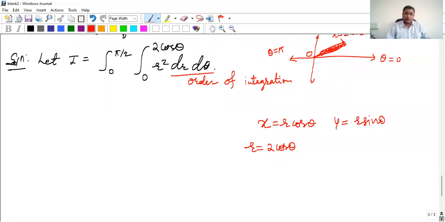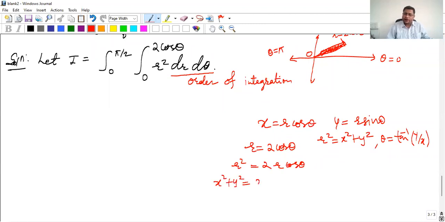If I multiply by r, then it will be r square equals 2r cos theta. And what do we know about r square? R square is x square plus y square, and theta is tan inverse of y by x. So here I have x square plus y square is equal to 2x. So we get x square minus 2x plus y square is equal to 0.